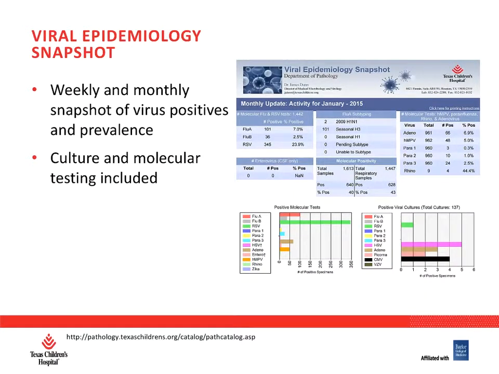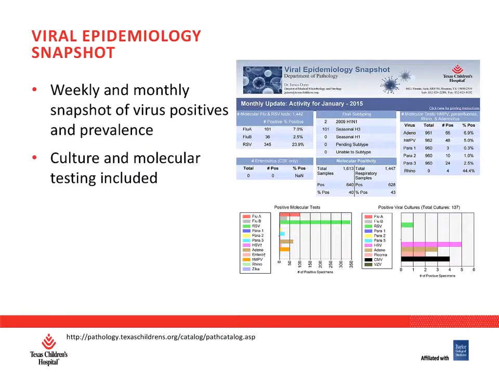The other thing that we've done for many, many years is to provide weekly and monthly snapshots of what's happening in our community of patients that we see in terms of viral testing. So we have this viral epidemiology snapshot that's available internally and externally as well, that shows how many specimens we're testing for respiratory viruses or enteroviruses or herpes or whatnot.